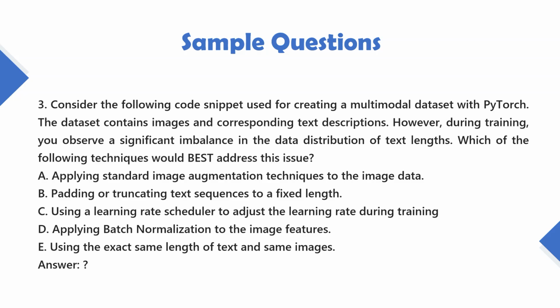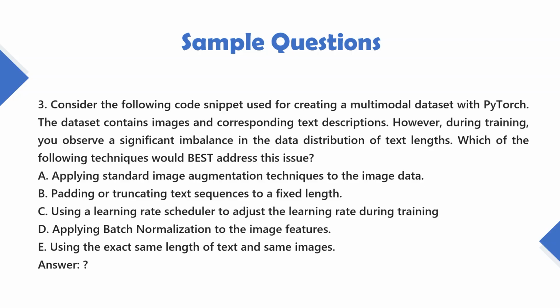3. Consider the following code snippet used for creating a multimodal dataset with PyTorch. The dataset contains images and corresponding text descriptions. However, during training, you observe a significant imbalance in the data distribution of text lengths. Which of the following techniques would best address this issue?